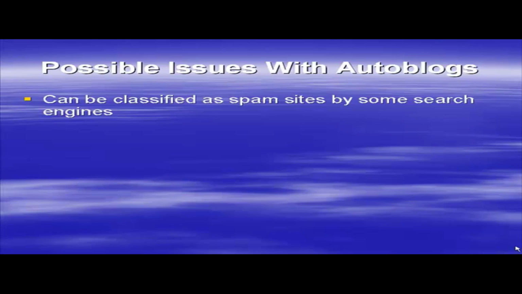Their businesses were destroyed because they just focused on creating these mass generated sites, using scraped content, and their businesses were ruined. So whilst auto blogs are good, take steps to make sure they don't get classified as spam sites, and also create other sites as well so that it's not your only stream of income. It's never a good idea in business to have all your eggs in one basket.